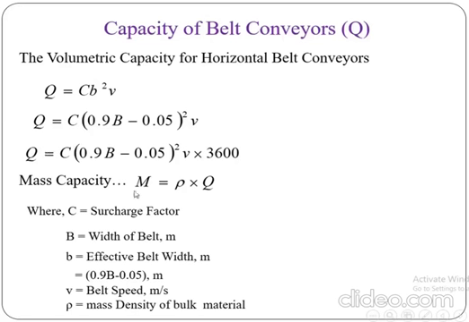So the mass capacity that can be calculated, capital M, is equals to rho into Q, where rho is the mass density of the bulk material and Q is obviously the capacity of the belt. From this formula we can calculate the width of the belt as well as the effective belt width. Then we can calculate the belt speed, or we can calculate the mass capacity.